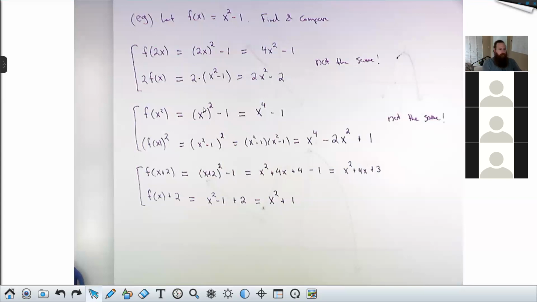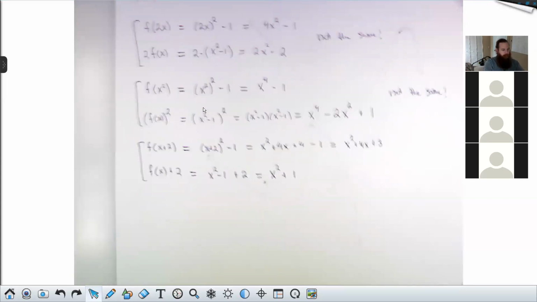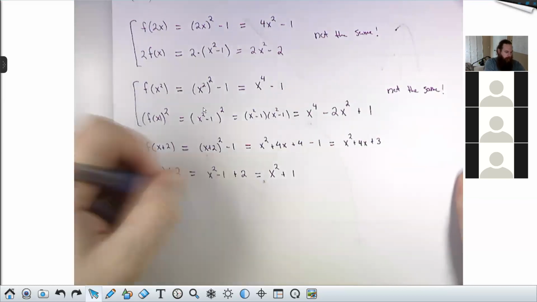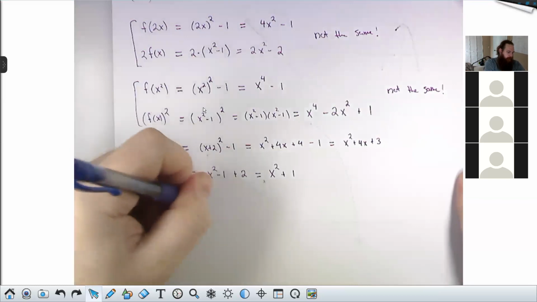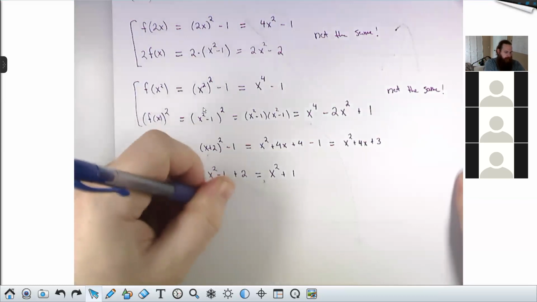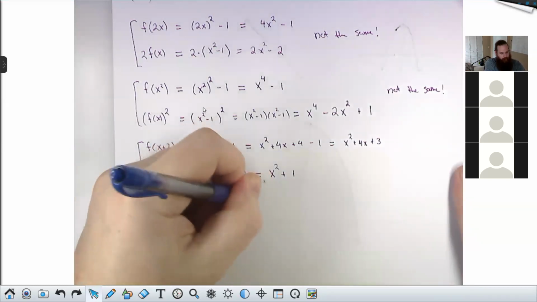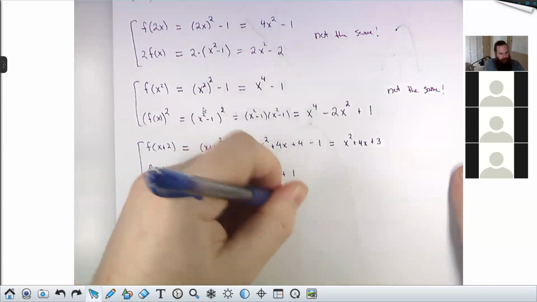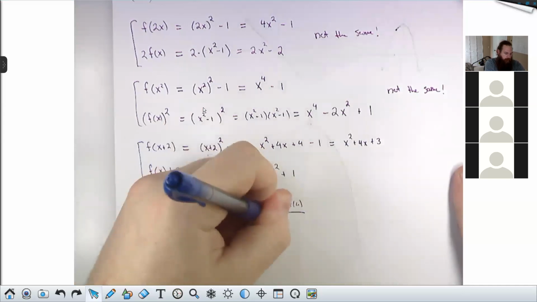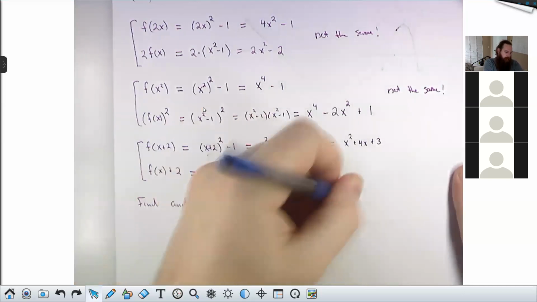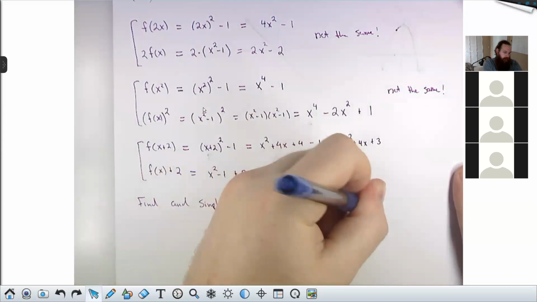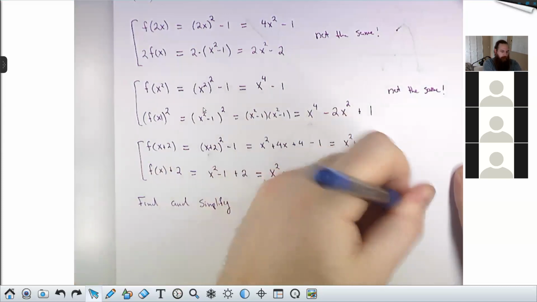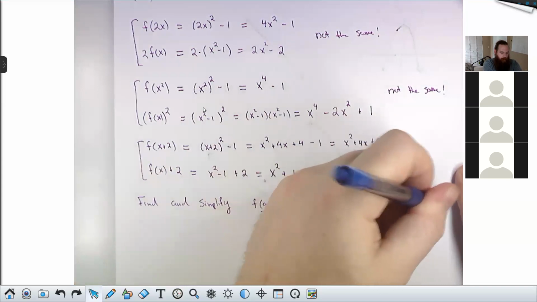So an example then of something that we would build using this notation, let's find and simplify the difference quotient, f of a plus h minus f of a all over h for this function f of x equals x squared minus 1.